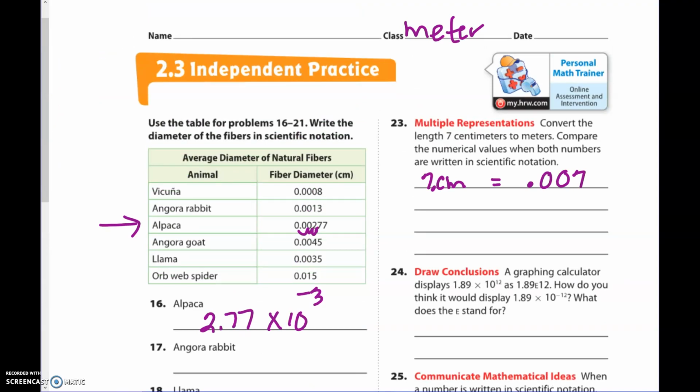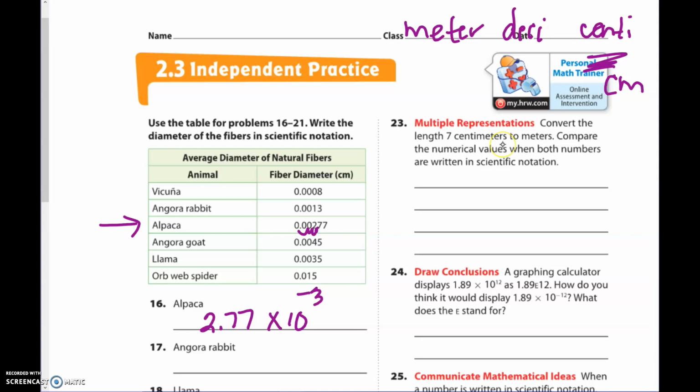All right. So here, in number 23, we are talking about the metric system. If we're talking about meters, we have deci and centi as our prefixes here. So we're going to start here at centimeters, and then they want us to go to meters.